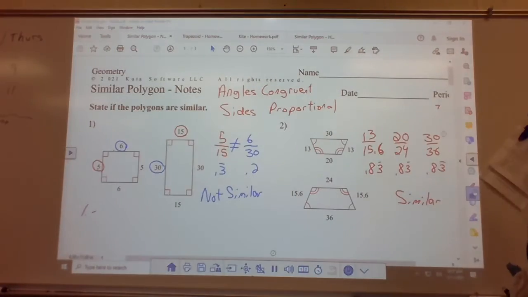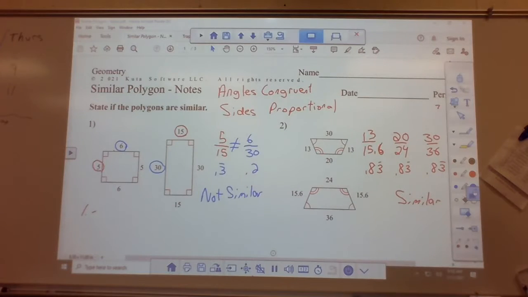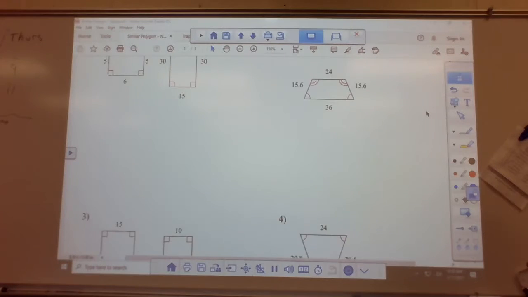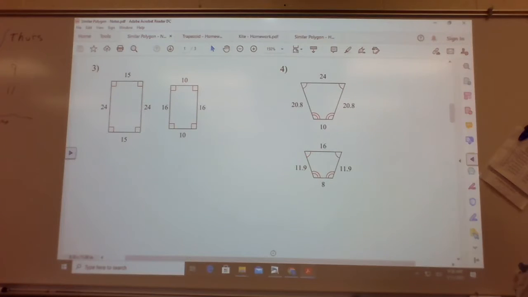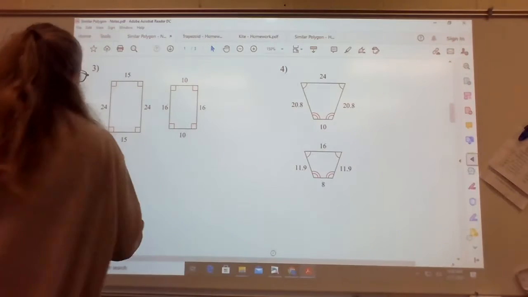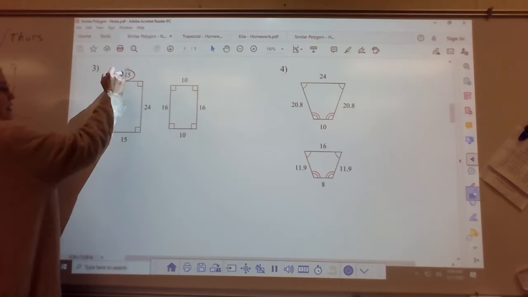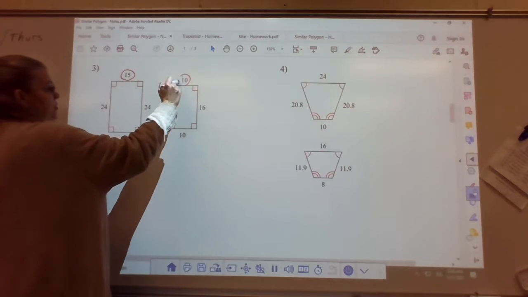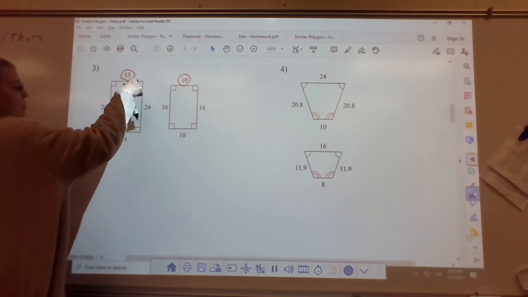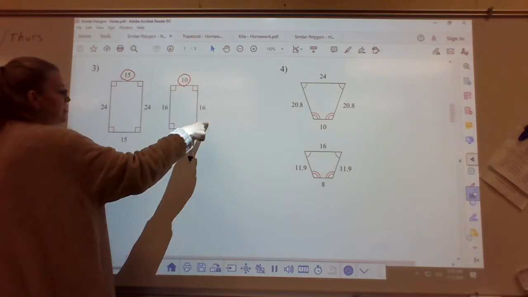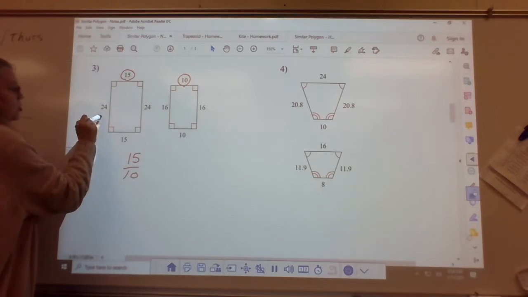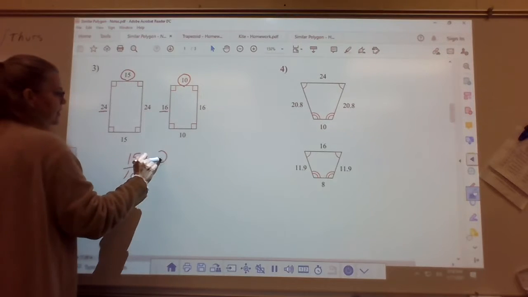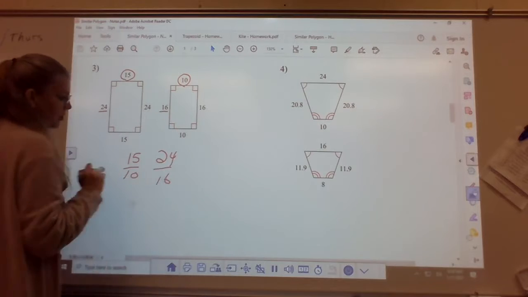Now the next 2 problems are the exact same thing. So let me move to 3 and 4. You've got to make sure it gets lined up. The 15, I'm going to line up with the 10, because the 15 is the smallest one on this side, and the 10 is the smallest one on this side. So 15 over 10, which means 24 and 16 is the other fraction.